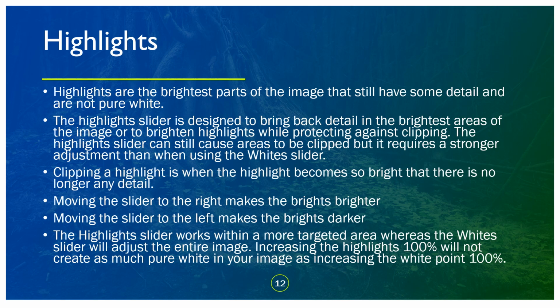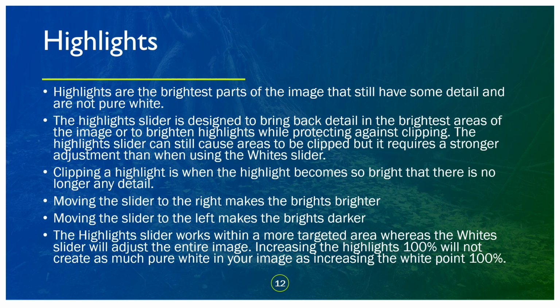Highlights are the brightest parts of the image that still have some detail and are not pure white. The highlights slider is designed to bring back detail into the brightest areas of the image or to brighten the highlights while protecting against clipping. The highlight slider can still cause areas to be clipped, but it requires a stronger adjustment than when using the white slider. Clipping the highlights is when the highlight becomes so bright that there is no longer any detail.